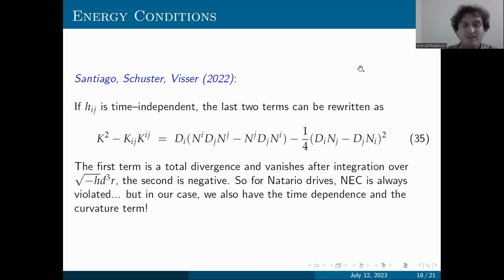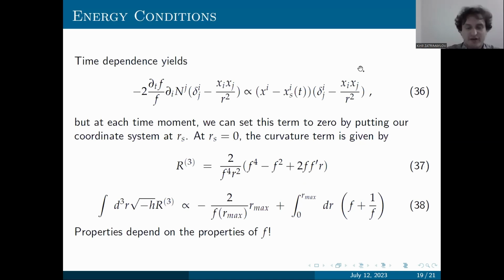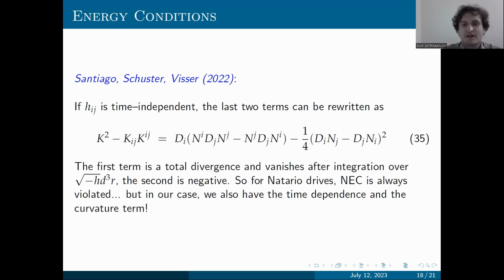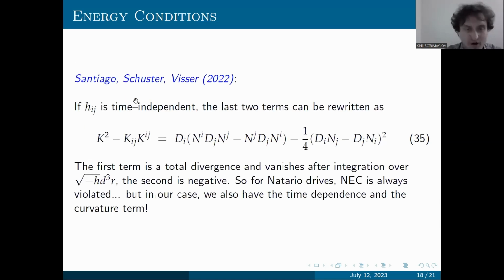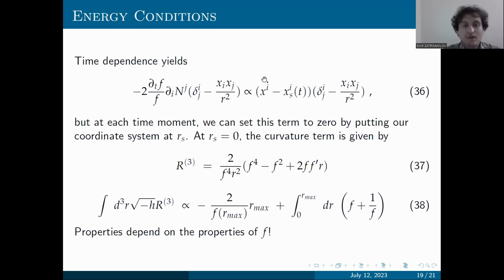However, in our case, we also have terms coming from the time dependence in this contribution to the extrinsic curvature tensor, which amounts to this. Here x_s is the coordinate of the warp drive at each time moment.